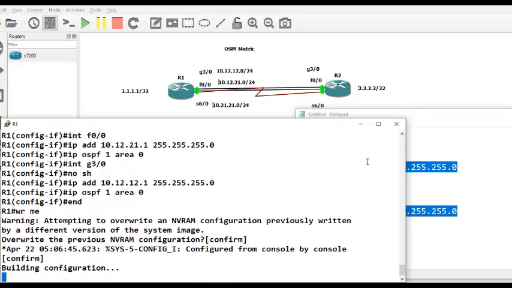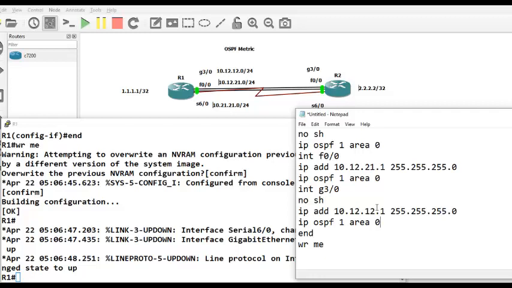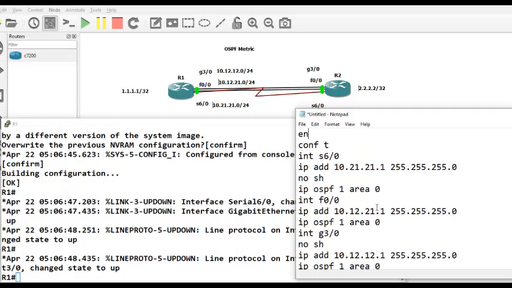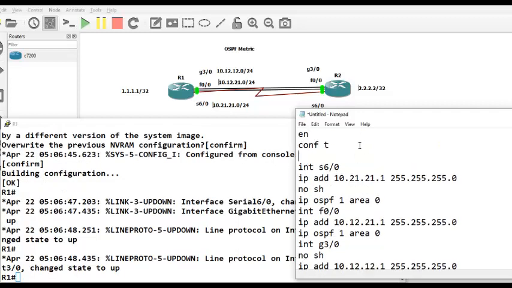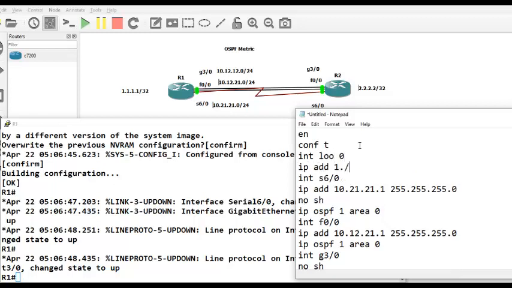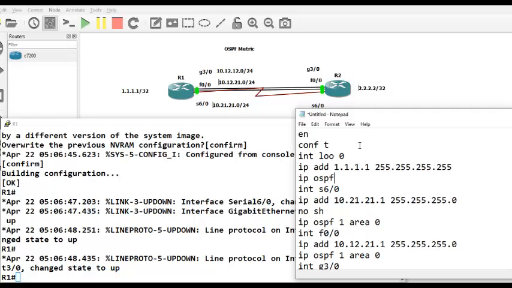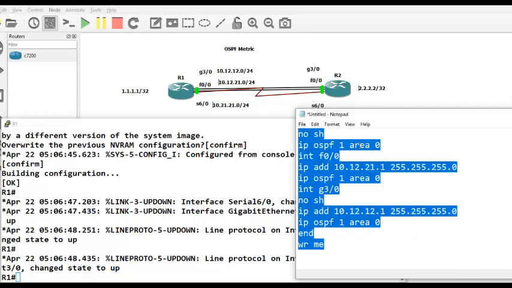Oh, I forgot to put the loopback. Did I? No, I don't think so. So now, interface loopback 0, IP address 1.1.1.1. So one more time.